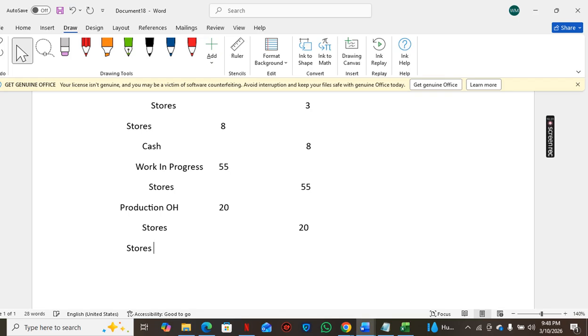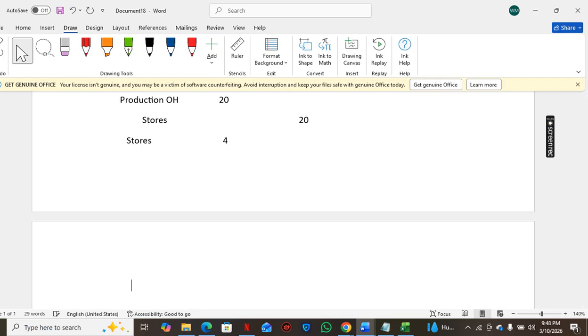The receiving the inventory, 4 million. And then you're going to credit work in progress, 4 million.